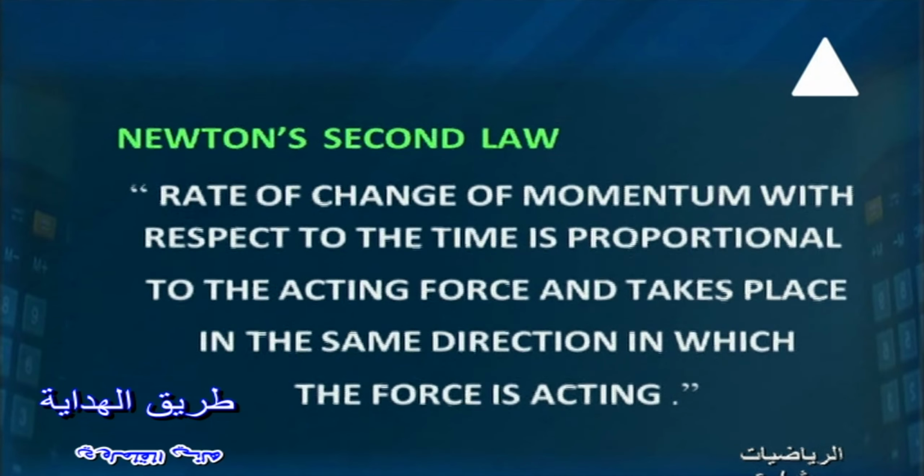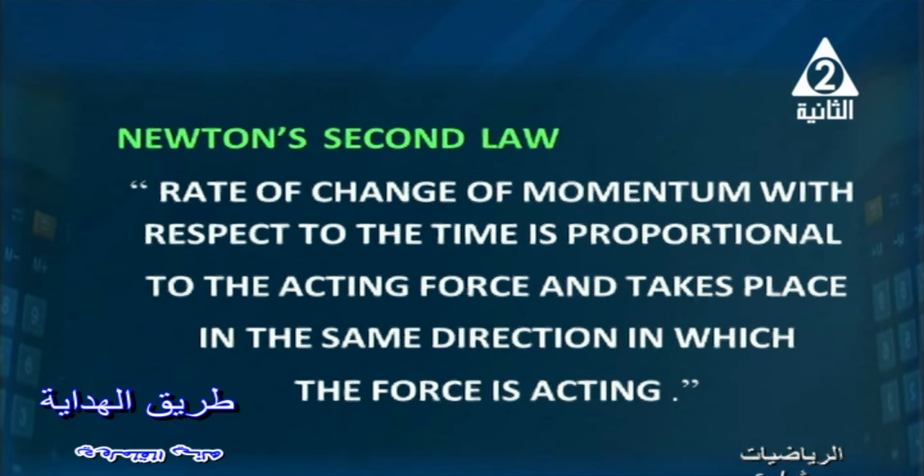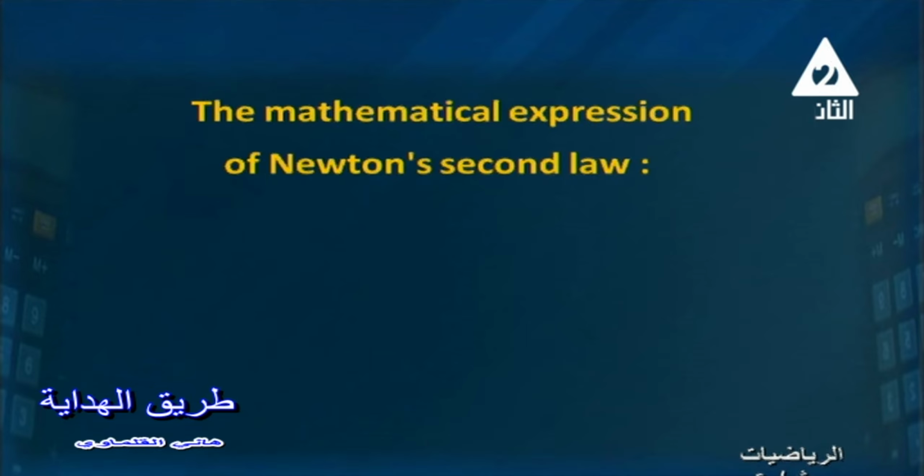Now we have Newton's second law: the rate of change of momentum with respect to time is proportional to the acting force and takes place in the same direction in which the force is acting.